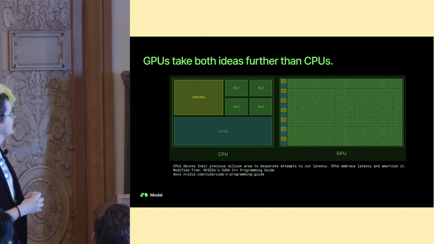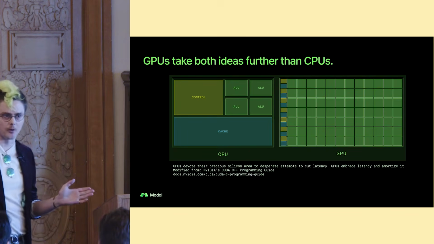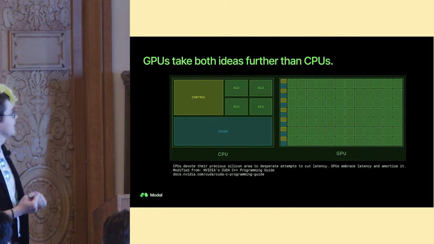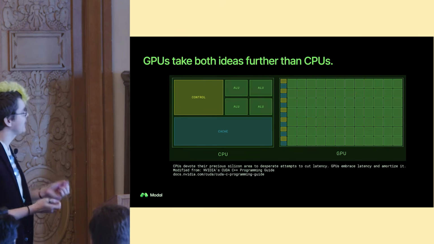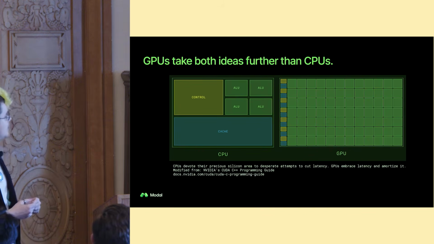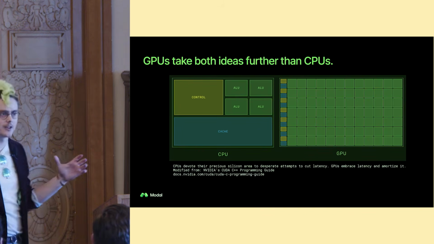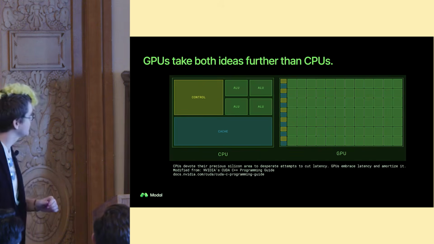GPUs instead embrace the fact that they're going to have latency, and they spread that latency over as many operations as possible, operating on them in parallel and concurrently. And the way they're able to achieve a much higher bandwidth for arithmetic and logic operations is by having a lot more weaker and slower computing components.